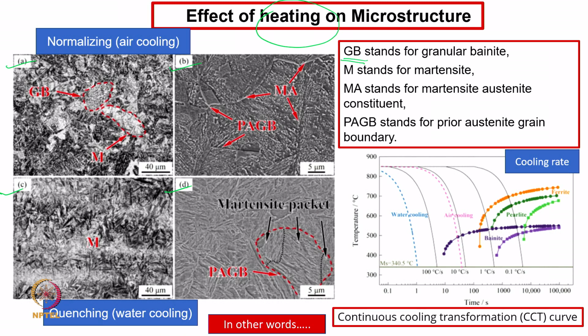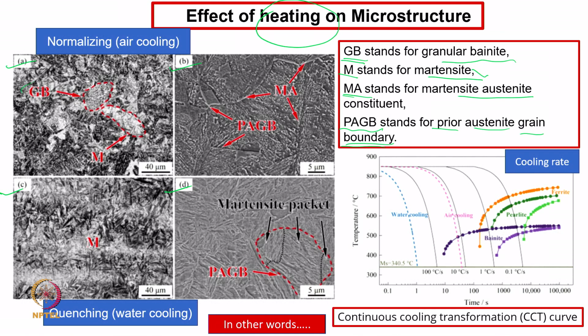GB stands for granular bainite, M stands for martensite, MA is a martensite-austenite constituent, and P is the grain boundary, PAGB is the prior austenite grain boundary. In most steel cases, PAGB is very common, martensite is common, and bainite is also common. So, we are trying to cover the nomenclature in this kind of microstructure.